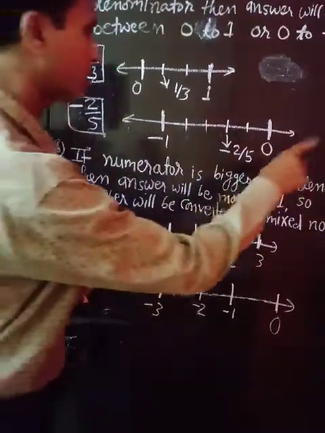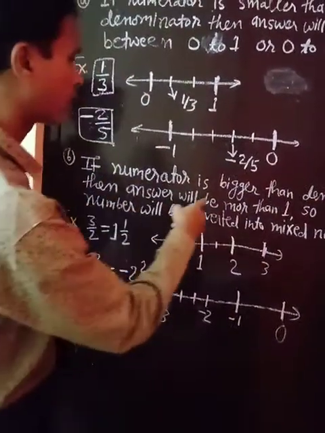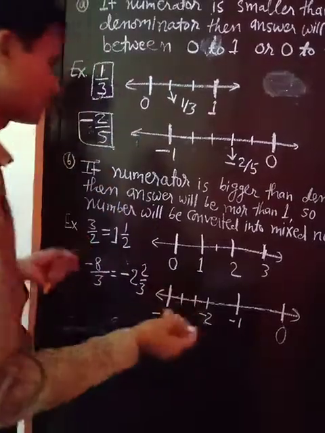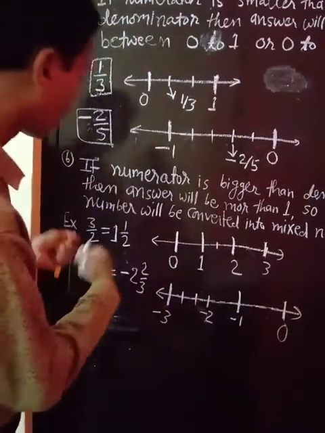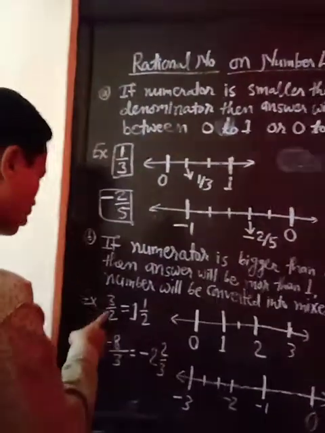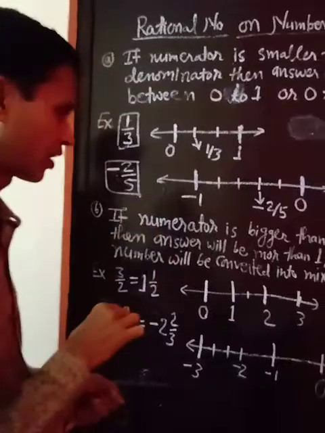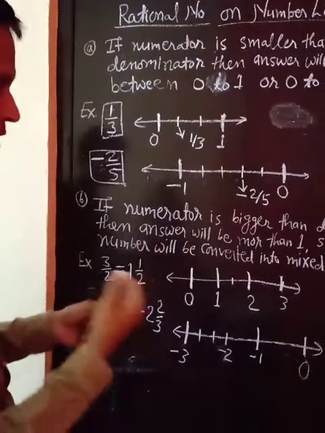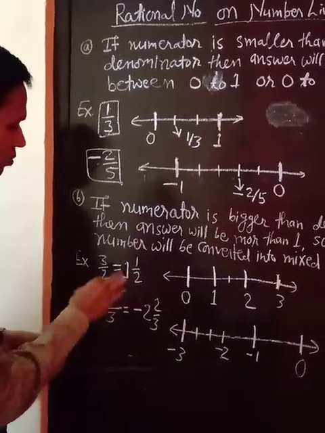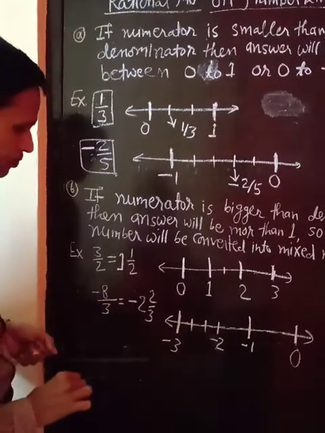When the numerator is bigger than the denominator, our answer will be more than 1 because it is an improper fraction. So 3/2: yesterday I taught another way, now I am teaching another method. 3/2, first you convert into a mixed number, so that will be 1 and 1/2.